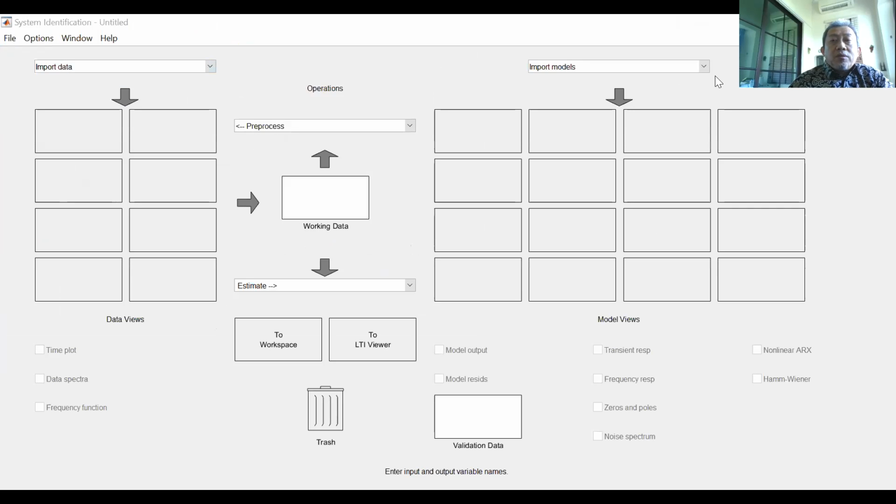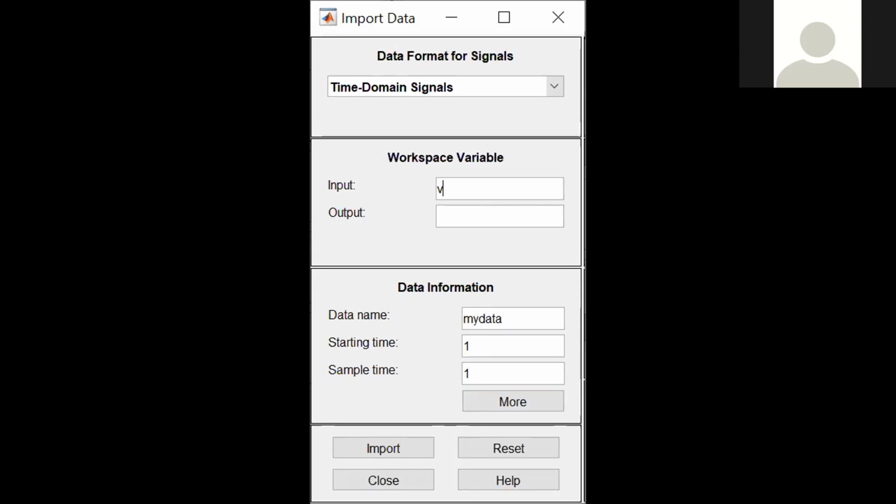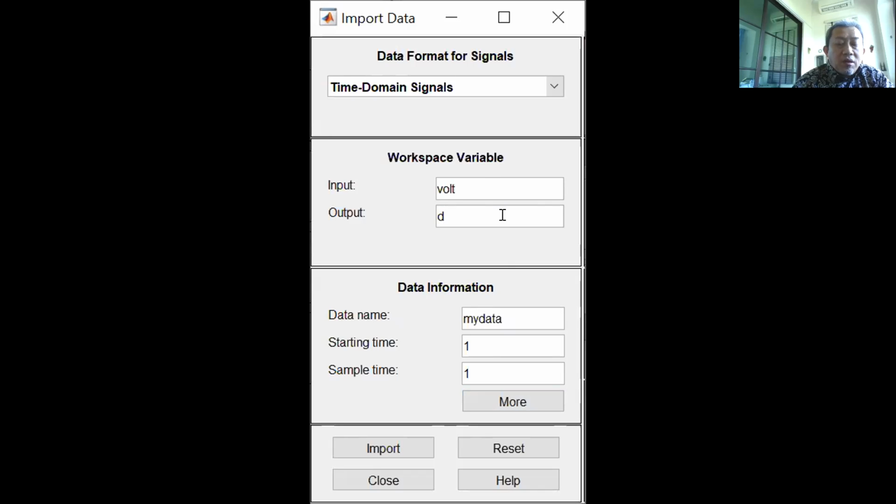Bila kita import, dia keluar satu window. Apa input kita tadi, Umar? Input VOLT, dan output dia DIST.